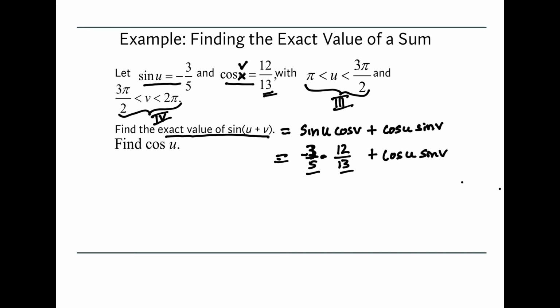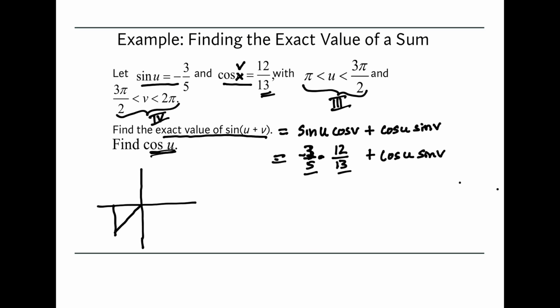All right, well, let's just take a look at one at a time here. We need to find cosine of u. So let's deal with u first. U, we know, is in the third quadrant. And we're told, it doesn't matter, we're not trying to find the angle per se. We're just trying to figure out what the cosine of that angle is.